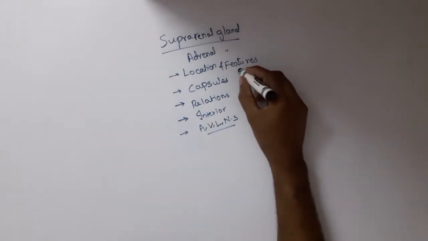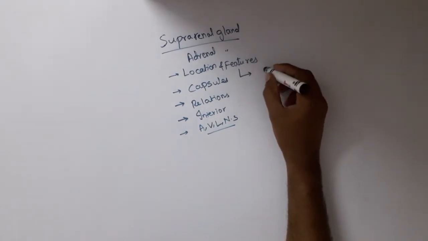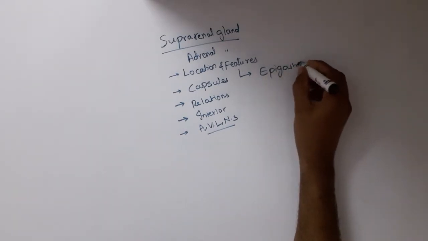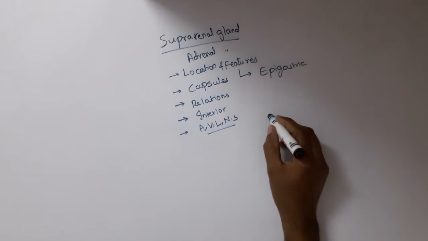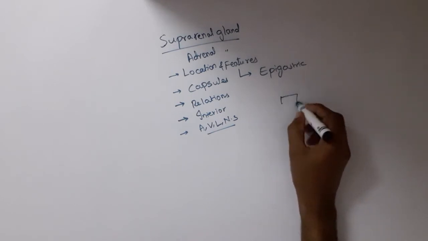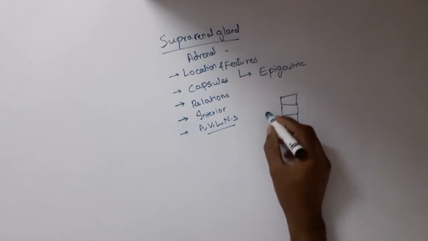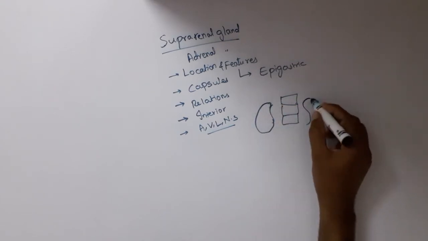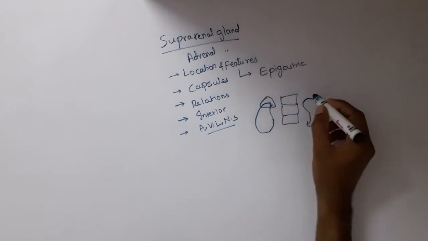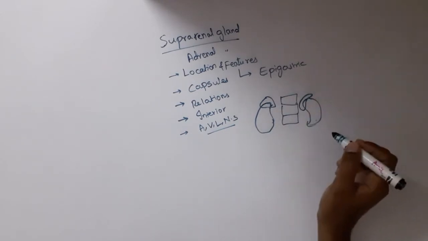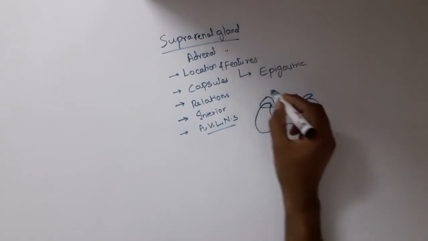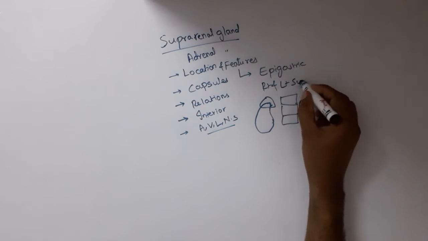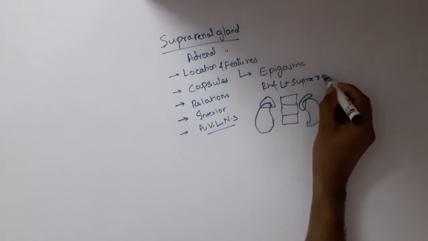In relation with parts of the abdomen, they are present in the epigastric region, on either side of the vertebral column. If this is the right kidney and the left kidney, above this we have paired glands, that is the suprarenal glands. So these are the right and left suprarenal glands, which are in relation with the right and left kidney.